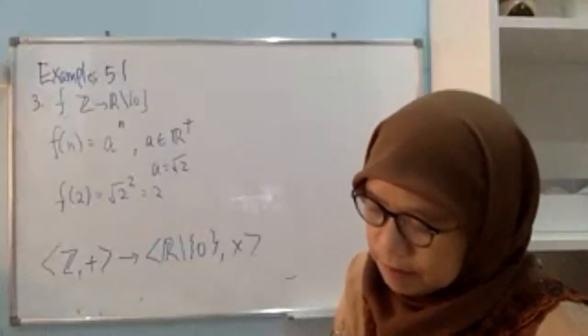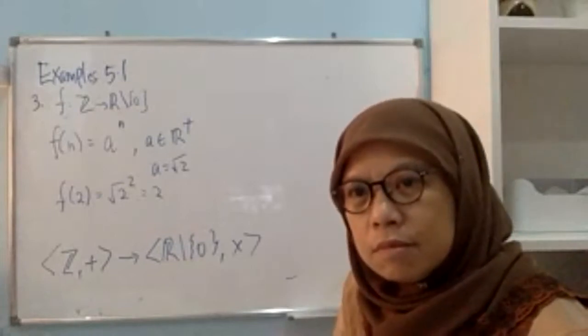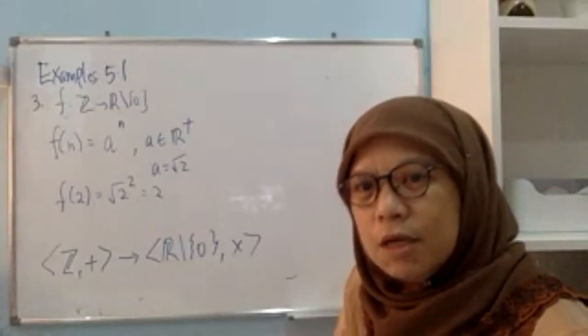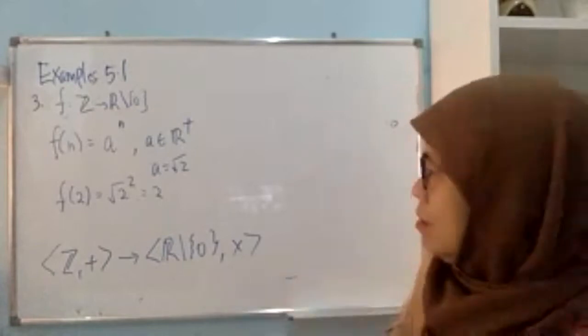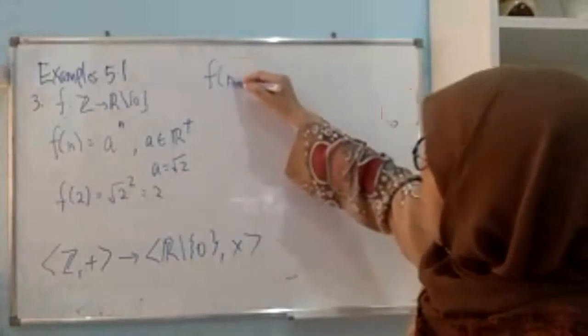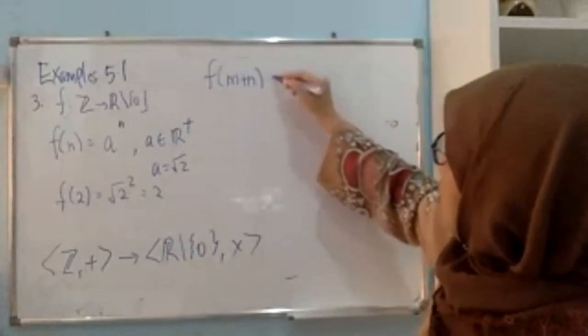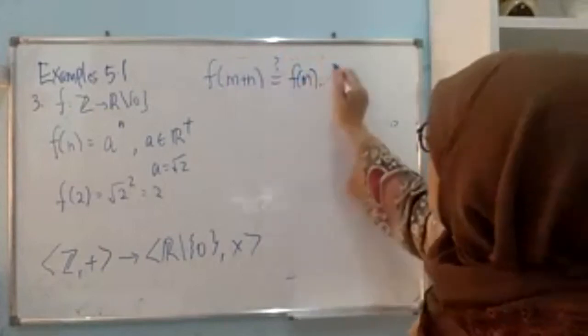All right. Is it a homomorphism? Yes, because the one gives the yes. So how do you show it? f of m plus n, is it equal to f(m) times f(n)?